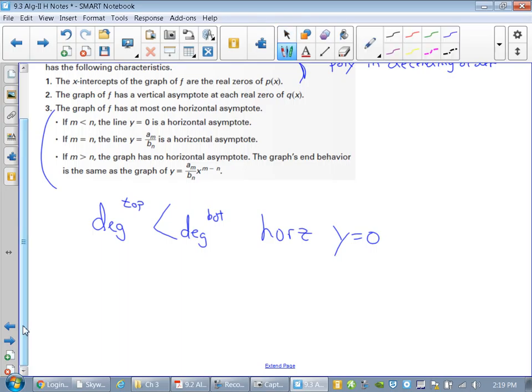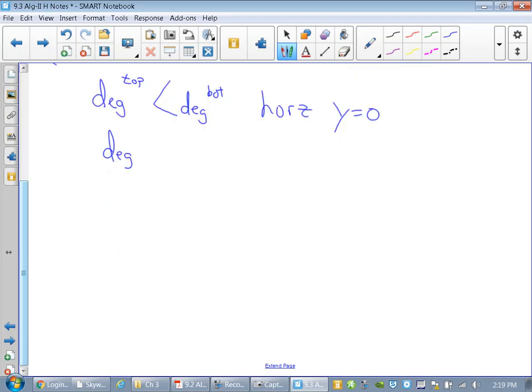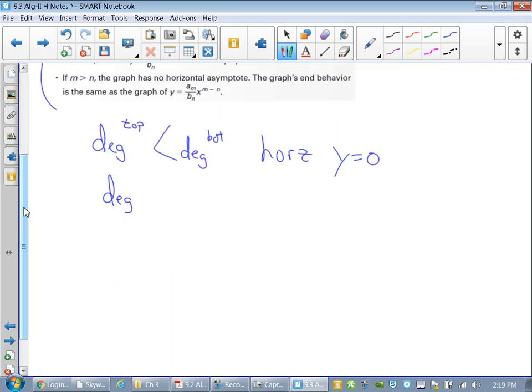Do you rewrite that? Is that just the same equation over there with the bottom and top? Oh, it was degree of top, degree of bottom? Yes, they're the same, right? It's the same thing. Okay, I didn't realize I flipped it. Here, I'll rewrite it. Which one do you think is easier? Do you want it as degree top, degree bottom, or bottom degree? You want them like this?